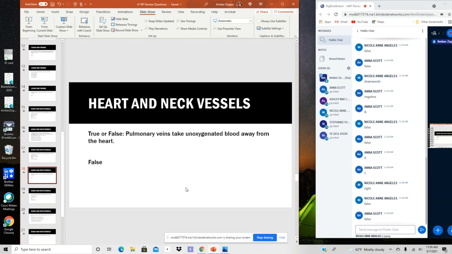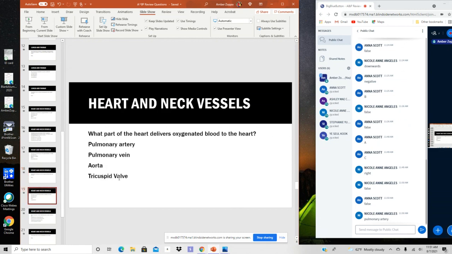It leaves the right ventricle. Pulmonary artery, right? So right atrium, right ventricle, pulmonary artery, which goes to the lungs, and the lungs bring it back with the pulmonary veins oxygenated. So this is false because the pulmonary veins take oxygenated blood away from the lungs to the heart.